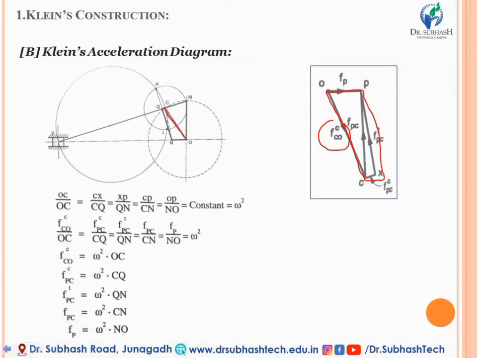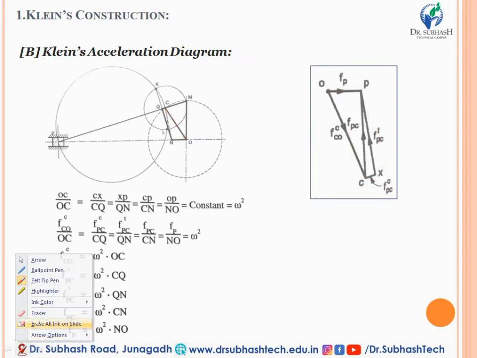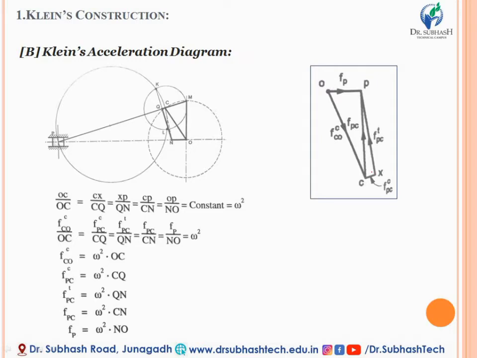Again, if you are comparing, the vector CX represents the component of acceleration f_PC, which is coincident with the geometrical dimension of the four-bar chain mechanism, CQ.